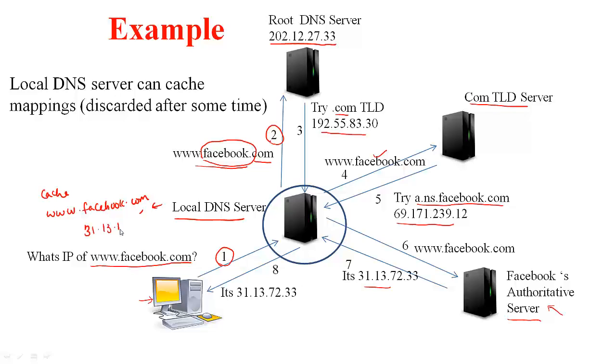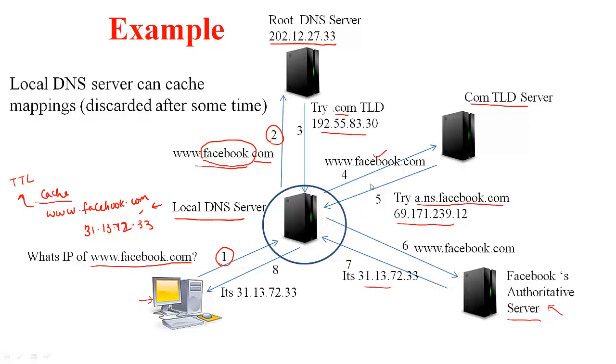So if some other user within this organization were to contact this local DNS server, it won't do all this. It will reply based on the cache. But these entries, like anything else we have seen before, have a time to live field, after which these entries are removed. Then again you will have to get the IP address by sending out many messages.